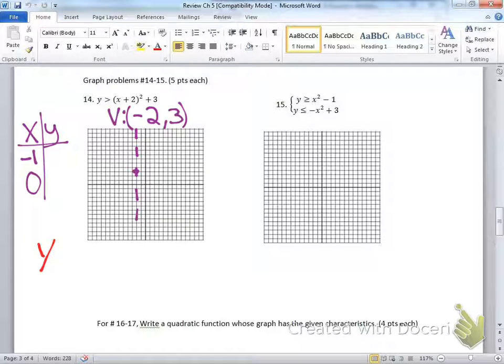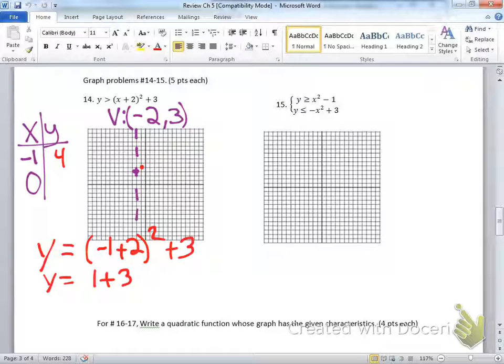So when you plug negative 1 in, 1 squared is 1, so 4. Yeah. Okay, so negative 1, 4. And it's going to be symmetric, so we'll go to the other side up to 4. And then when you plug 0 in, you'd get 2 squared is 4 plus 3, 7.